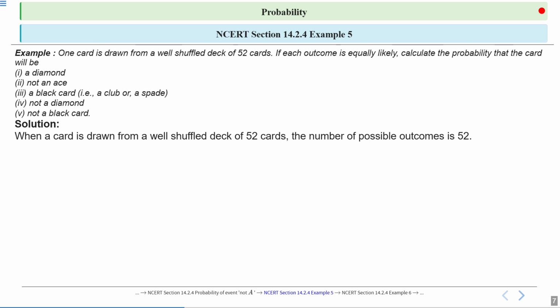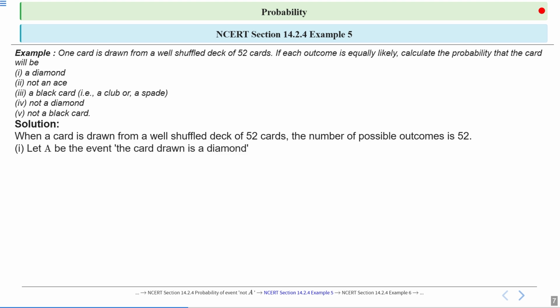The number of possible outcomes is here 52, and this is actually the cardinality of the sample space. So the cardinality of the sample space is basically 52. That means the number of elements in the sample space is 52. Clear?